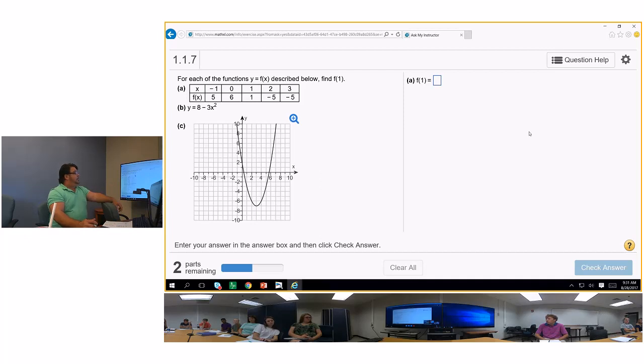Okay? All right. So f of 1 is 1. Now, y is equal to negative 3x squared plus 8. I have no idea why a lot of these books write it like that. That's silly.